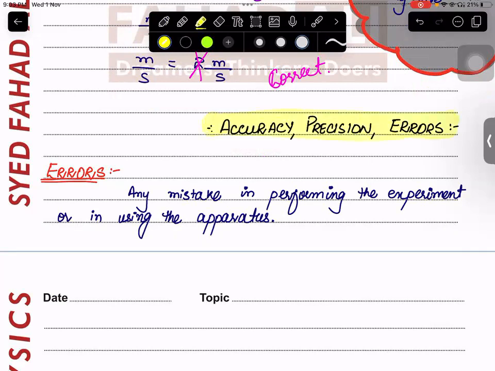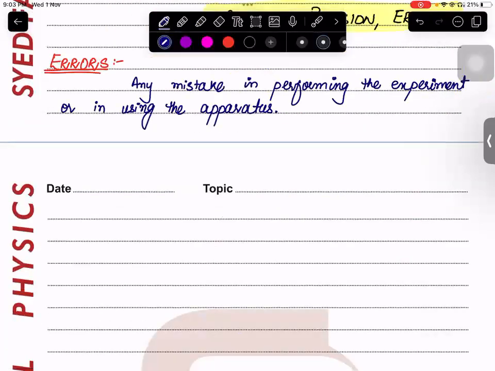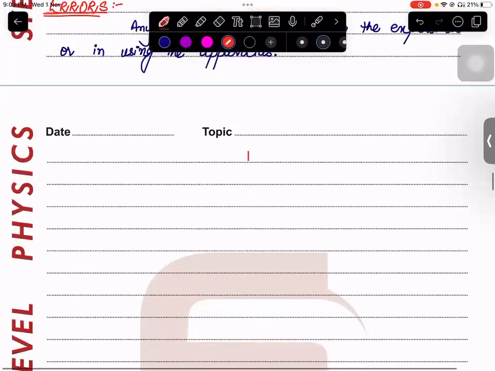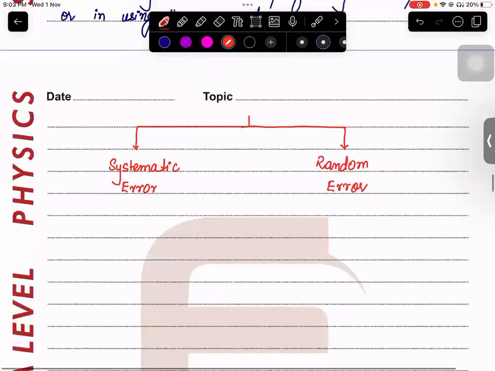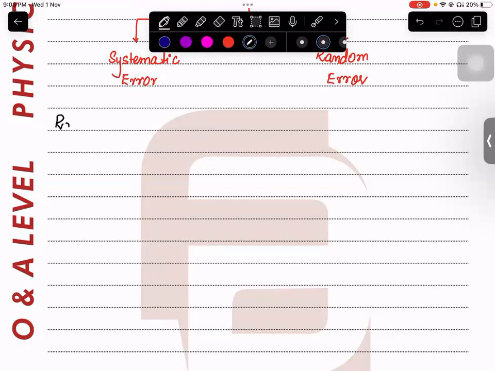There are two types of errors. Aiza, clear? Ji. One of them is known as systematic error. The other one is known as human error. Oh, sorry, random error. Let's discuss random error.